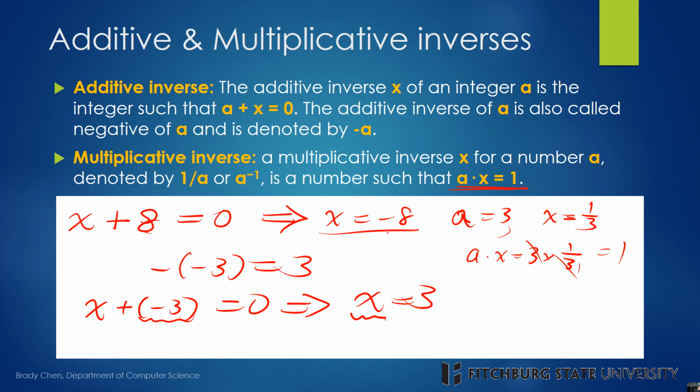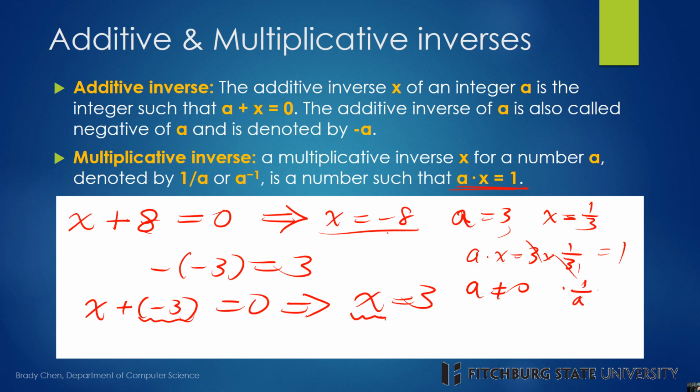So that's why the multiplicative inverse x for a number a is sometimes called the reciprocal of a, because it's the reciprocal of the number. So in general, if a is not 0, then the inverse of a is 1 over a.